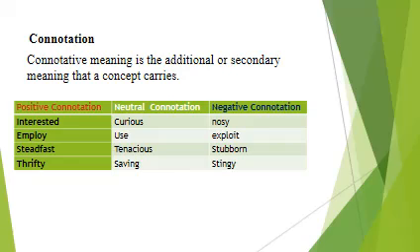If you look at the word employ, it is the positive connotation, while the neutral connotation is use, and the negative connotation is exploit. So we can see how the connotative meaning changes, while denotative meaning remains.